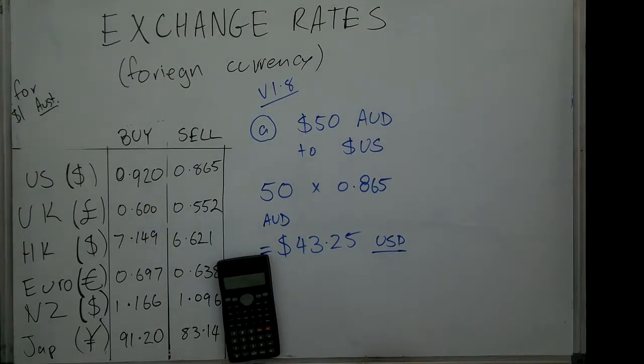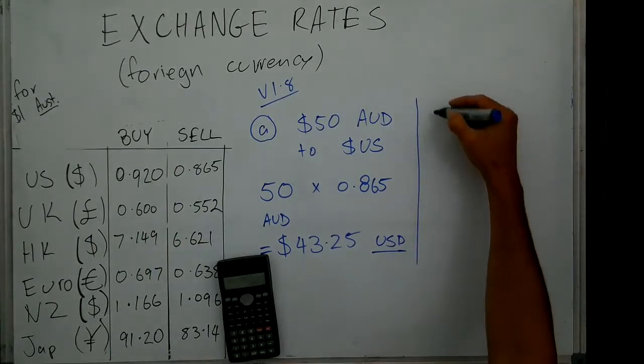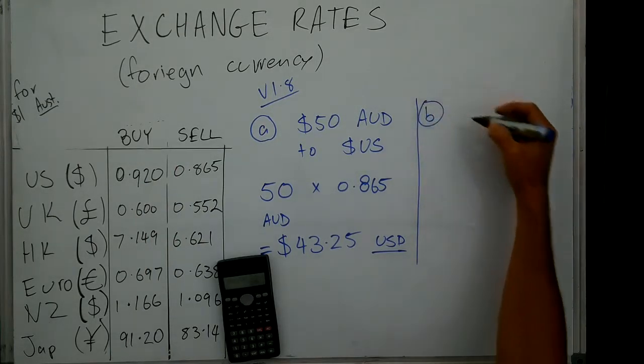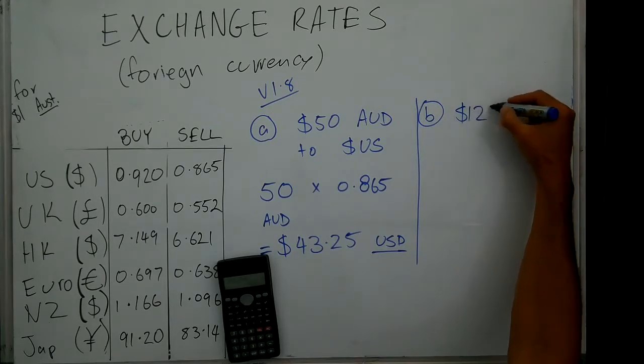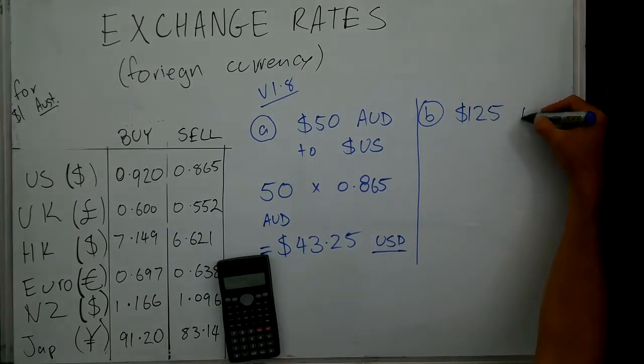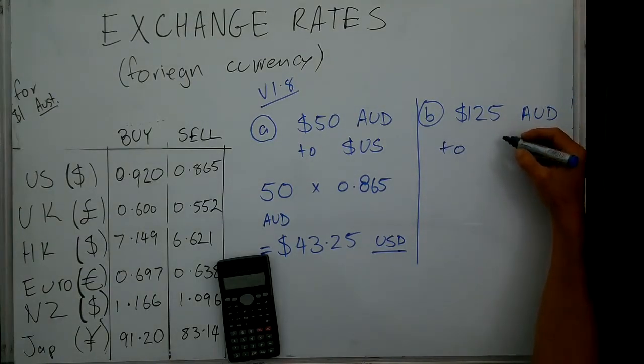Pretty straightforward, but it's just knowing which number you need to use. The next one is change 125 Australian dollars to Japanese yen.